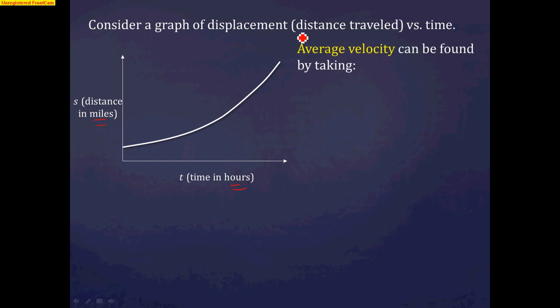Average velocity, which is the slope of a secant, can be found by Algebra 1. There's point A, there's point B. What is my average velocity between point A and B? Change in position compared to the change in time. We're just going to call S distance.